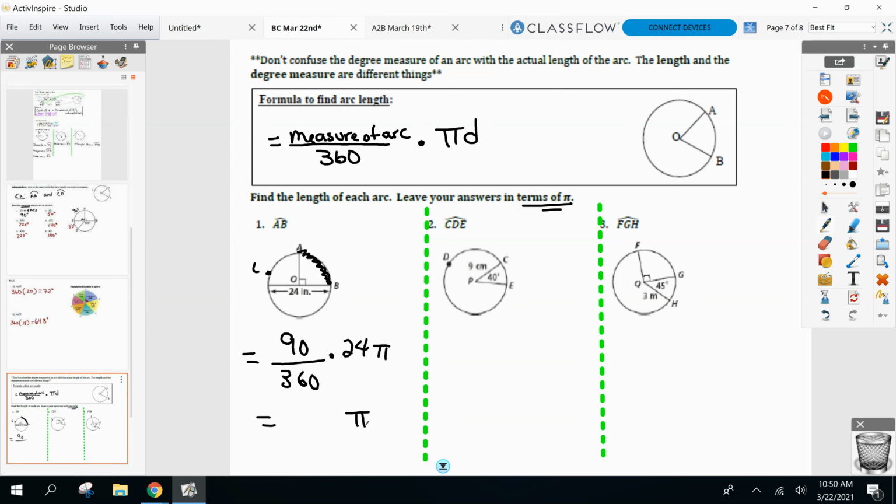Shouldn't be touching that pi button because I want it in my answer. That's why we have our calculators. We're just taking a fourth of the circumference. That's all we're doing. I want to make sure you guys understand that. We're taking a fourth of the entire circumference as AB. And when you guys do that, you end up with 6 pi. Units, units, units, please. Inches. Make sure we got the units there, inches.